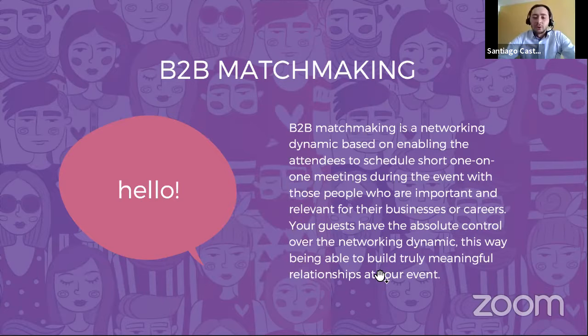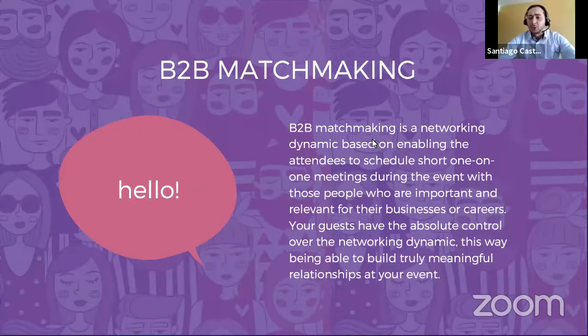All right. So I'm going to give you the strict definition so you can have it. B2B matchmaking is a networking dynamic based on enabling the attendees to schedule short one-on-one meetings during the event with those people who are important and relevant for their businesses or careers. Your guests have the absolute control over the networking dynamic, this way being able to build truly meaningful relationships at your event.